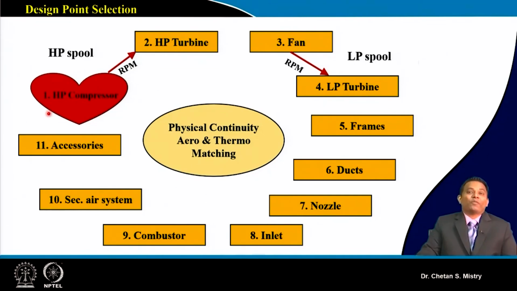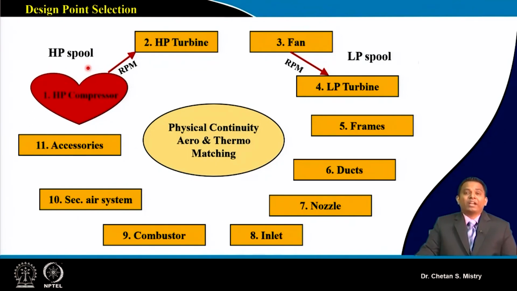We have discussed that when we look for higher per stage pressure rise, with a low number of stages, we may be looking for higher rotational speed. The next step is that we need to match that speed requirement with the design of the HP turbine. So the HP turbine designers will take care of having the speed range as per the requirement for the HP spool.